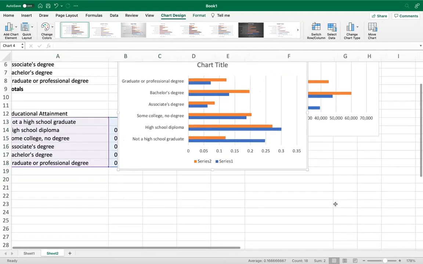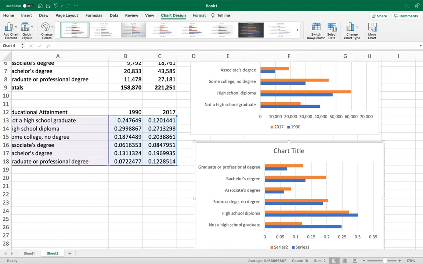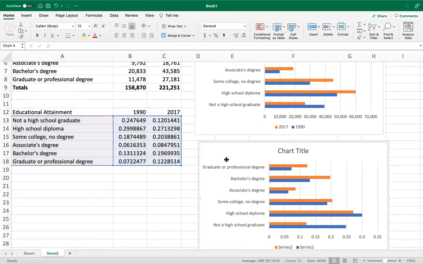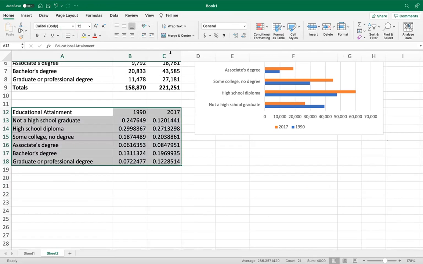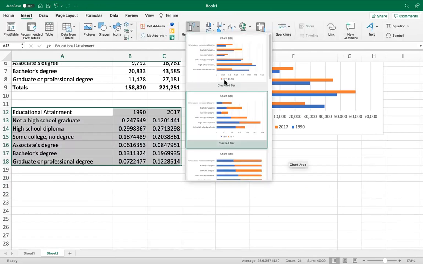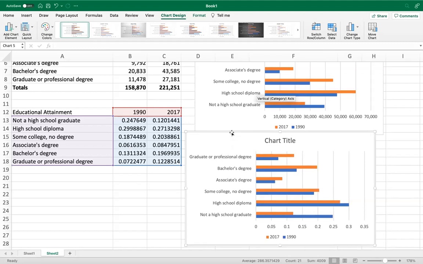So now looking at this data, are we able to say the exact same thing? Ooh, maybe not so much. Not a high school graduate. Oh, let's see. So insert by that table. There we go. All right. So are we able to say the exact same thing now?